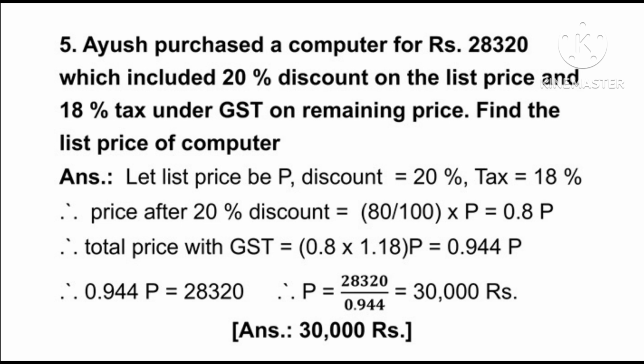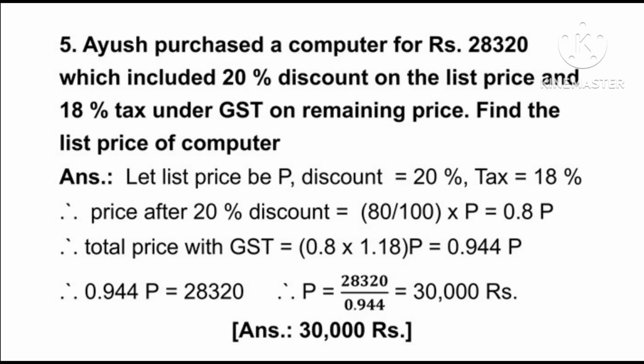Answer. Let list price be P. Discount equals 20%. Tax equals 18%. Therefore, price after 20% discount equals 80 upon 100 into P equals 0.8 P. Therefore, total price with GST equals 0.8 P into 118 upon 100 equals 0.944 P equals 28,320 rupees.